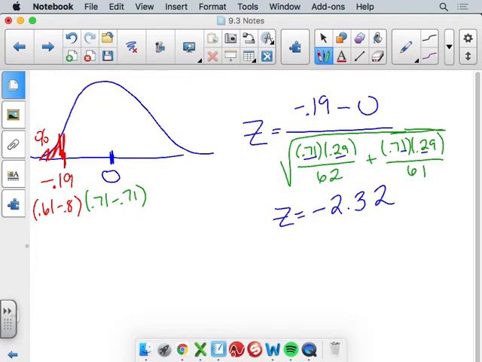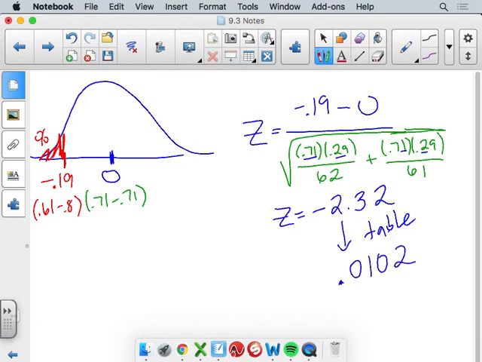Then get this value in a table, and we're going to conclude. What value is on the z table for this? It is 0.0102. Perfect.